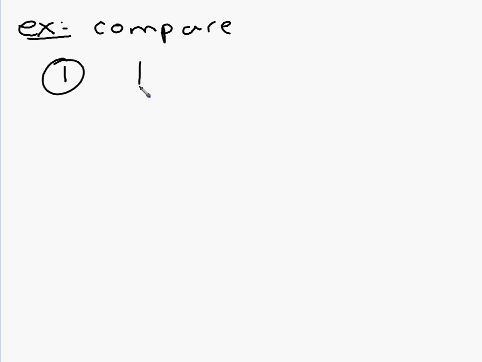Then you're going to have some where you're asked to compare. All right? We'll just do a couple examples here. Let's say that I was asked to compare 1.31 compared to 1.13.